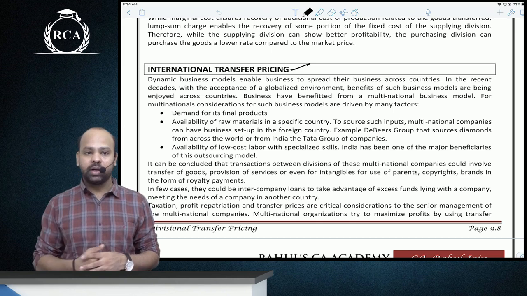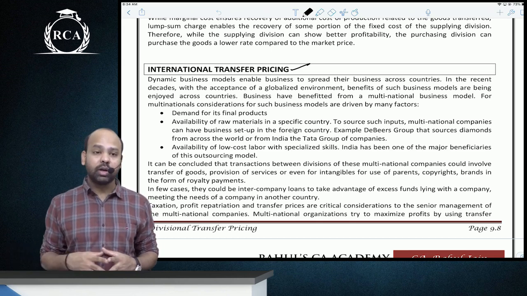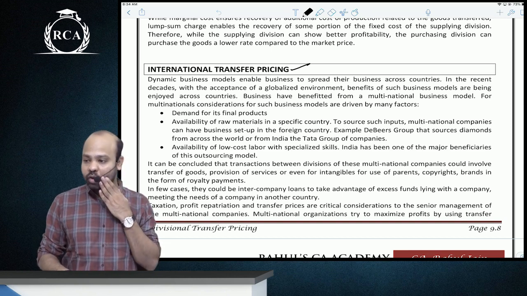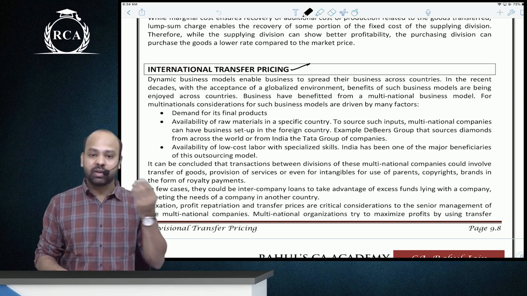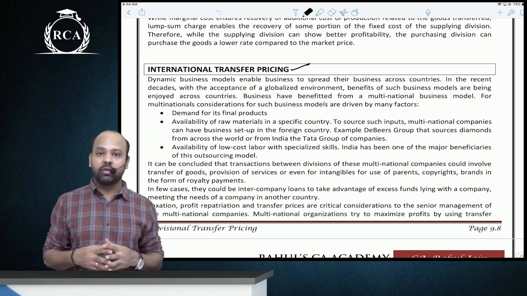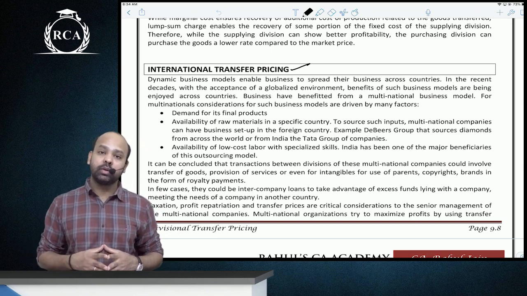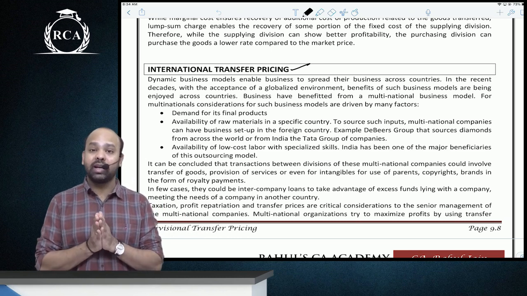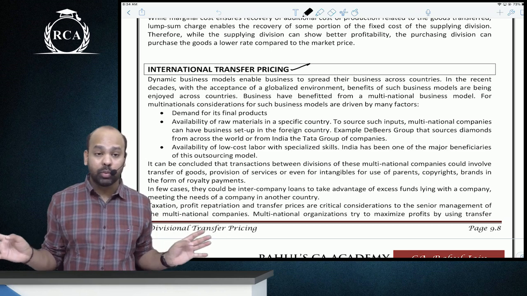The advantage is that if they are unable to recover the entire employee cost in India, they will send their employees on secondment, pay them Indian salary plus give them an allowance, but bill a higher amount to their counterparts, so they are making some amount of revenue here.